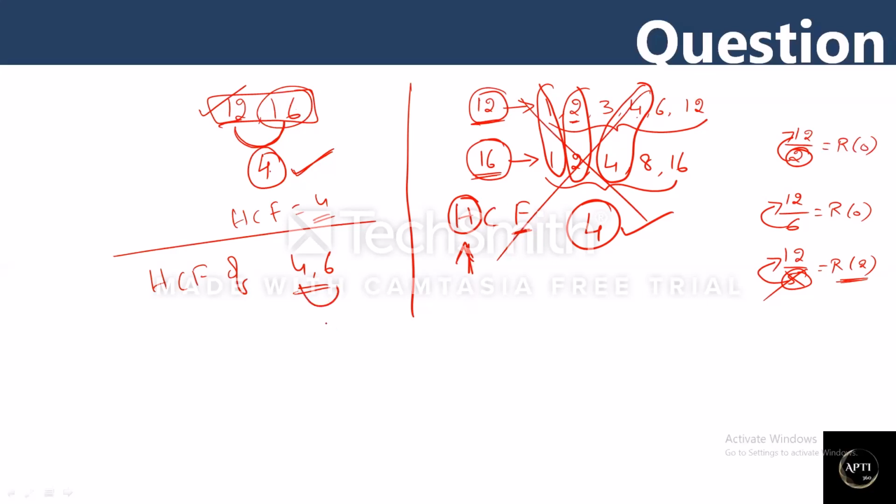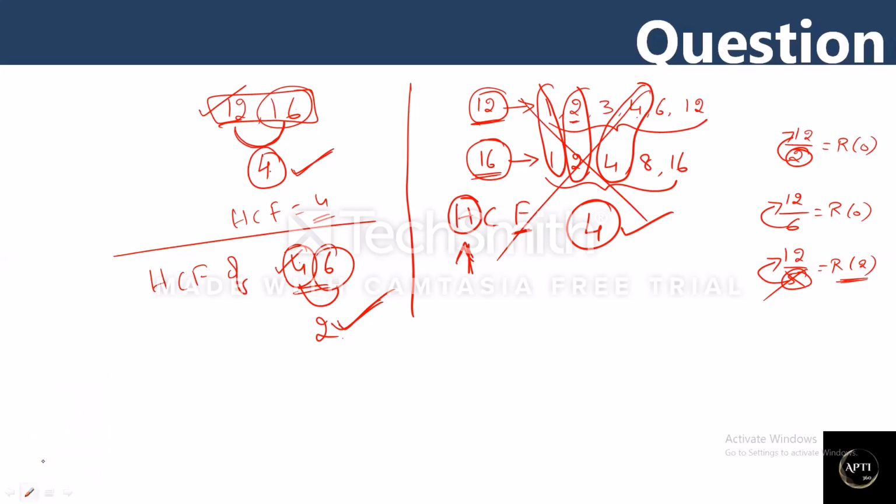What's the difference between 4 and 6? 2. Now check whether the given numbers are divisible by 2 or not. 4 is divisible by 2, of course satisfied. 6 is also divisible by 2, so the final answer is 2. So this is how we can calculate the highest common factor of given numbers. Are you clear about this?